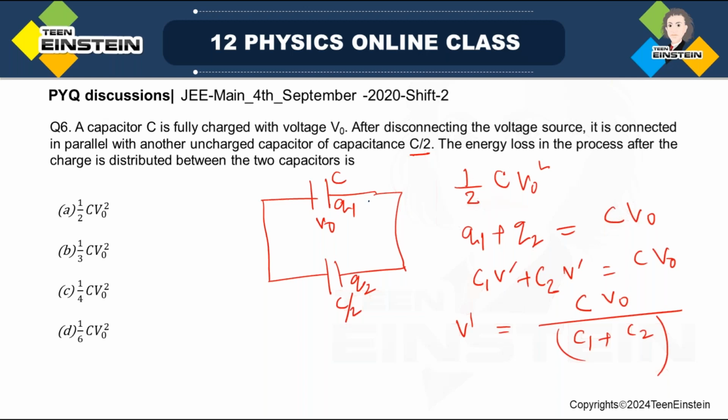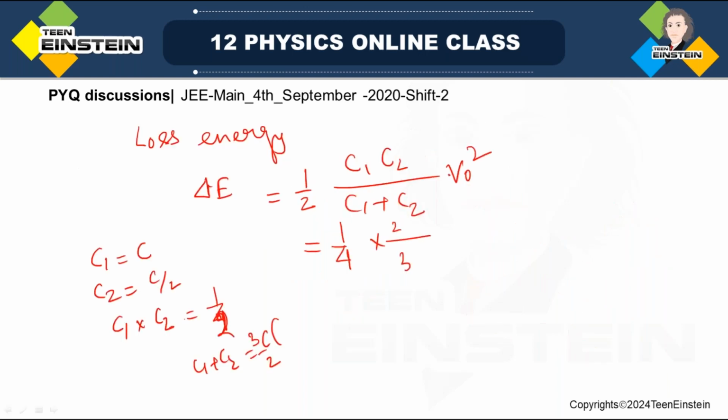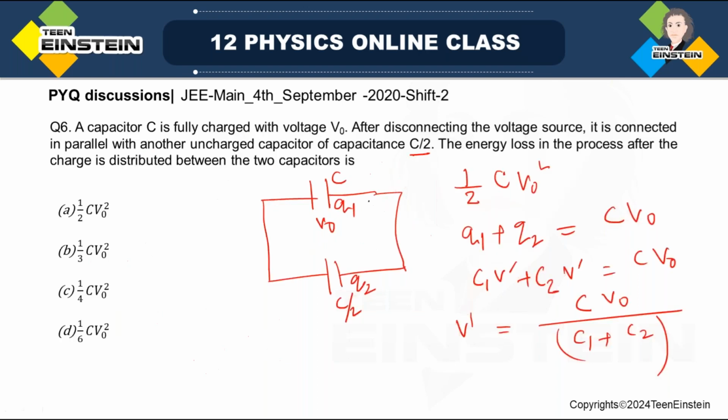Okay, we have to find out, I think this is V prime, not this, C squared half CV square. Okay, let me just check once again. The question is, the capacitor is fully charged with V0 potential and then disconnected.